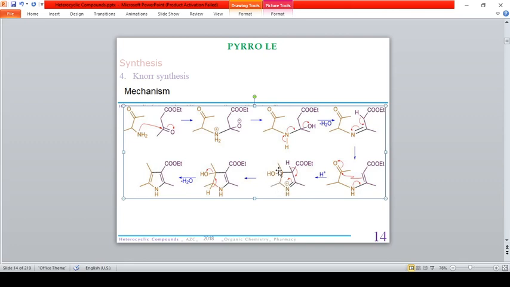This OH negative and one hydrogen from this position will be released, and you will have an aromatic compound. And this release is very much similar to the previous reaction. So in the Knorr synthesis, two water molecules have been released, and we are getting a substituted pyrrole.